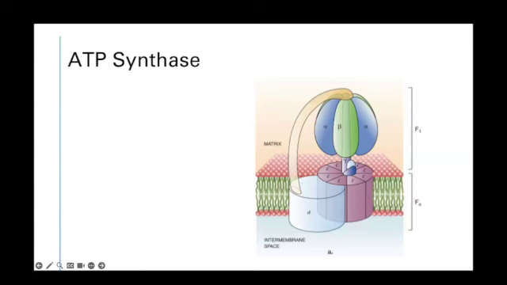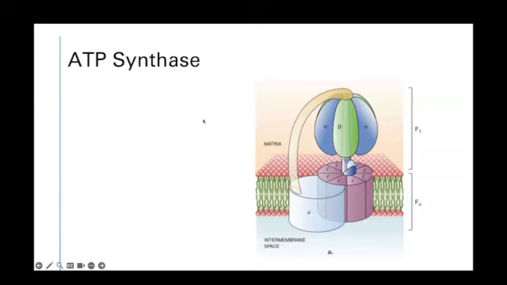We have the F1 subunit, which is a transmembrane protein, so that sits in the inner membrane and allows for flow of protons from the intermembrane space back into the matrix. And the F1 subunit right here forms ATP through the movement of these alpha and beta subunits.